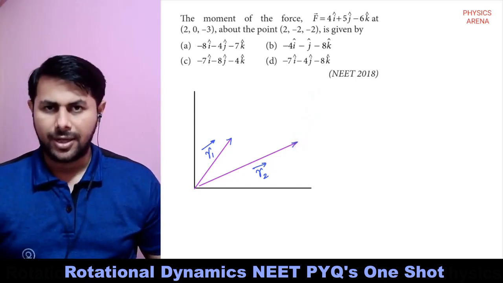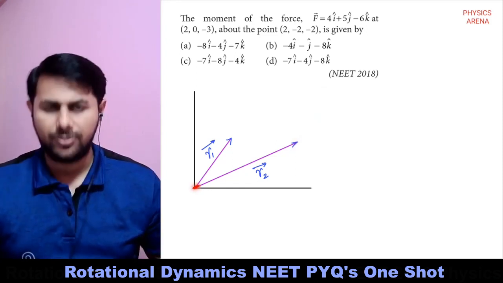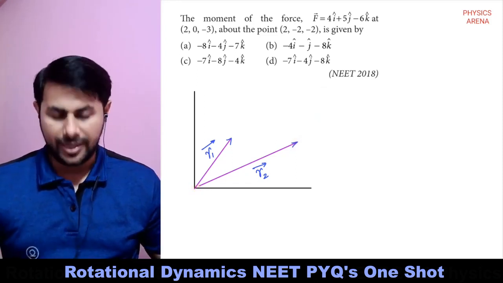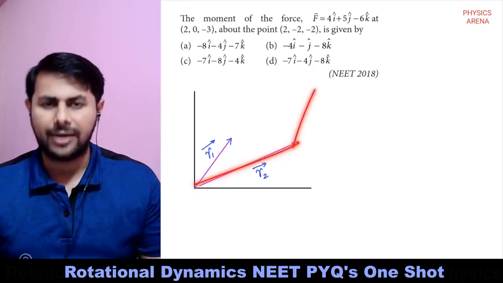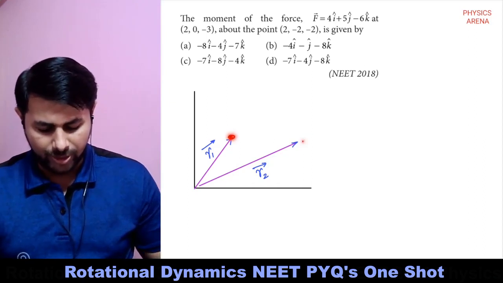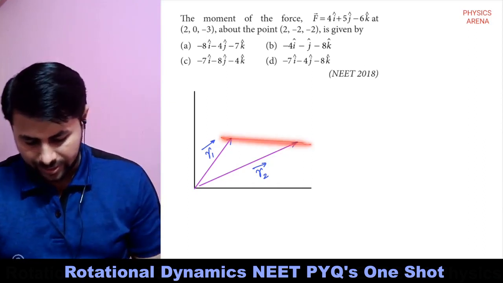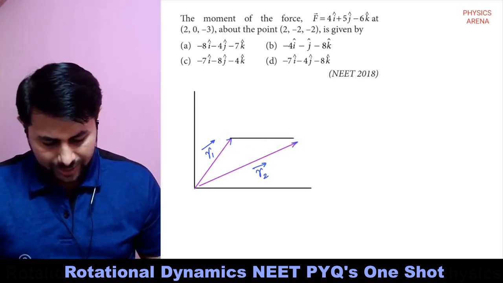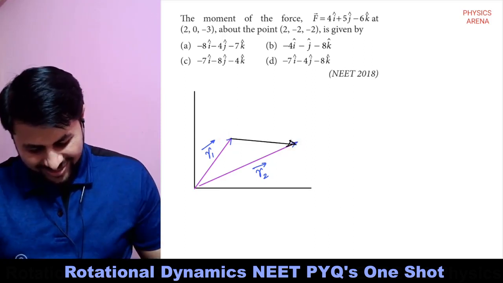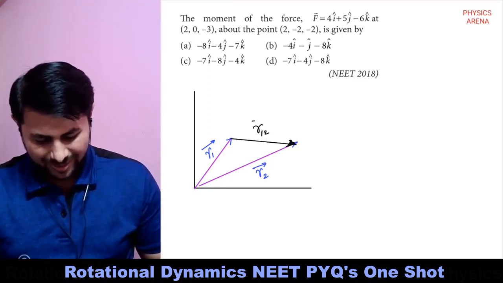Now you are not asked what the torque of this force with respect to the origin is. If it was the case, then it is just R2 bar cross F bar. They are asking what the torque is about this point. So we have to find this vector first, which is R12 bar.